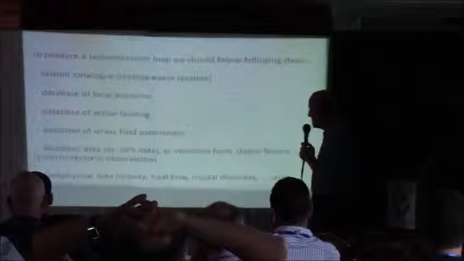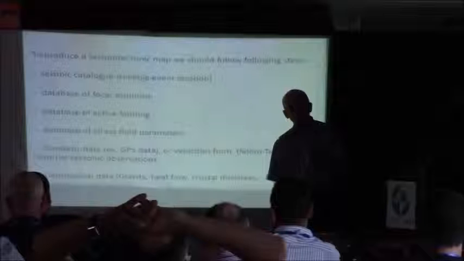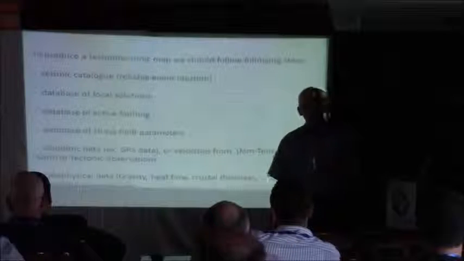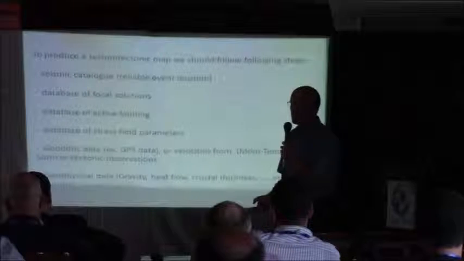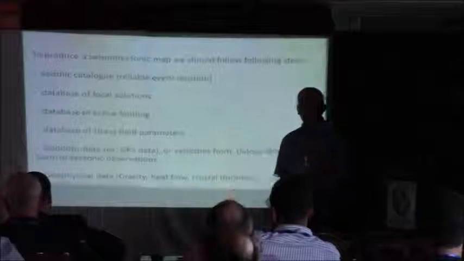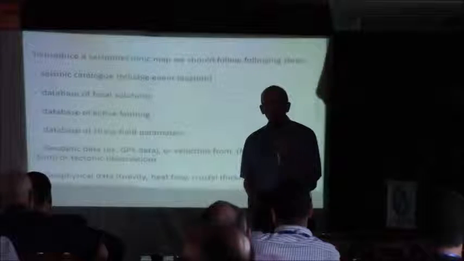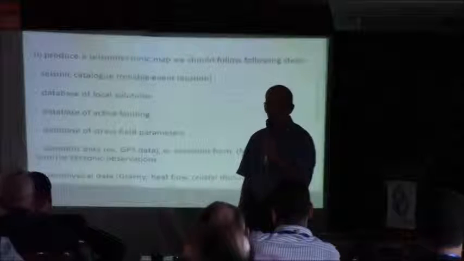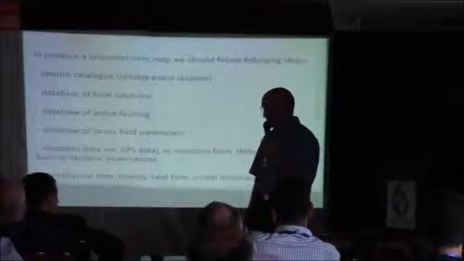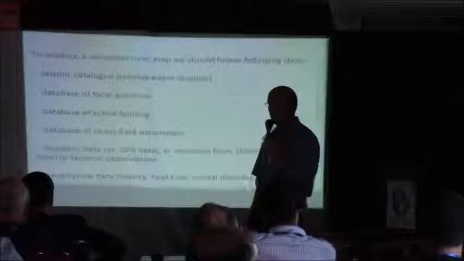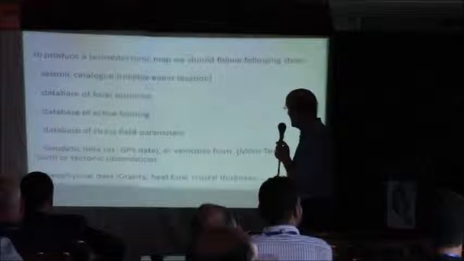The second thing is the database of focal mechanism solutions. Each event should have a focal mechanism solution. Of course, we are not going to show all the focal mechanisms for events less than 4, but we need at least all the events with magnitude 4 and above.